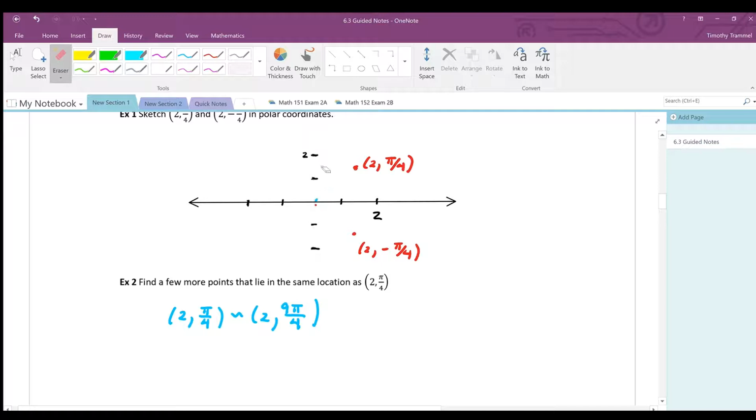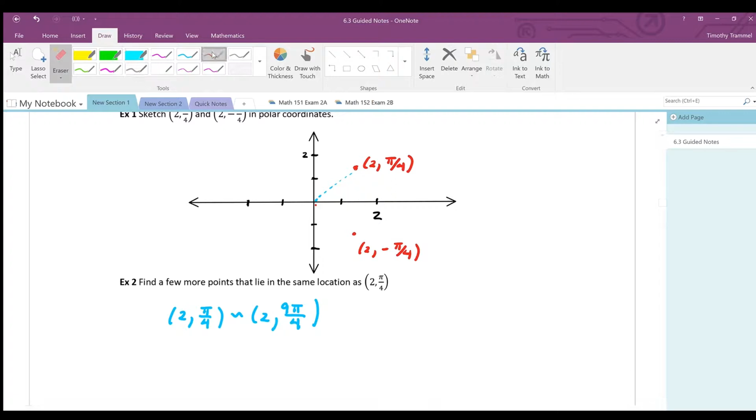Well, the way that works is if r is negative, you're just going to rotate an extra 180 degrees. We actually call this reflecting about the origin, but I think it's just easier to think about as rotating 180 degrees.